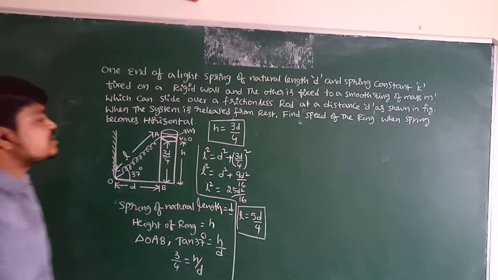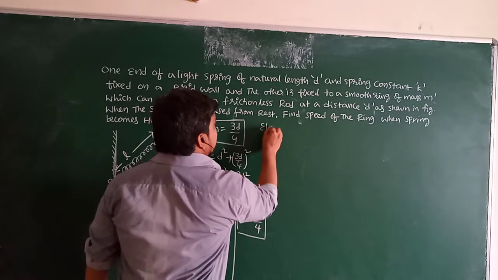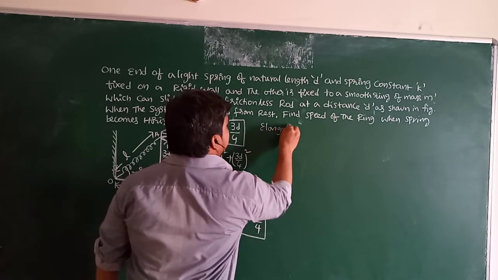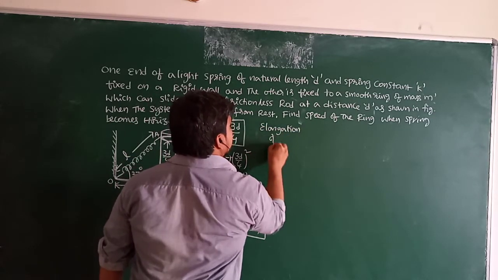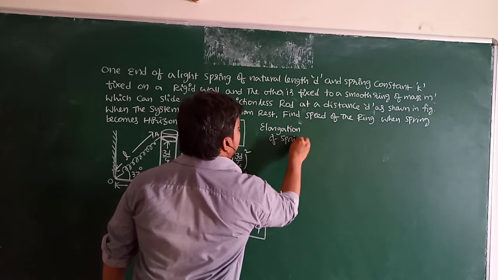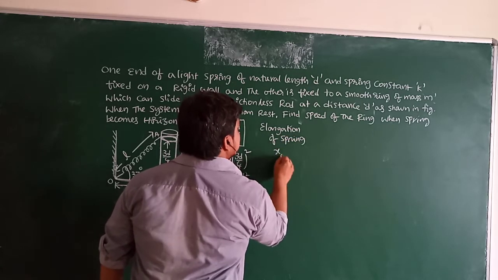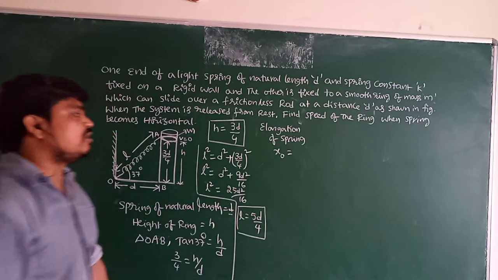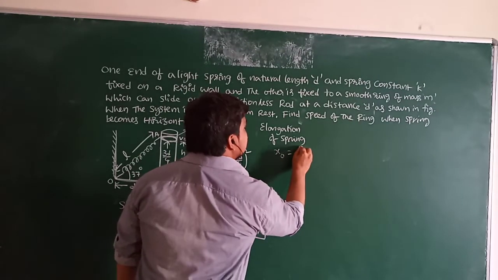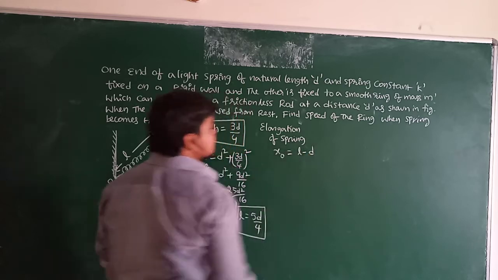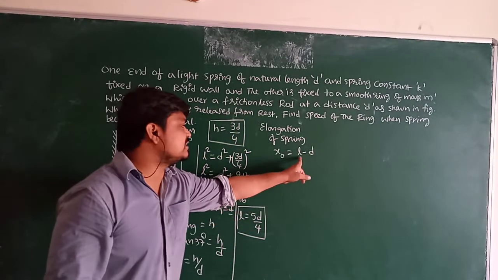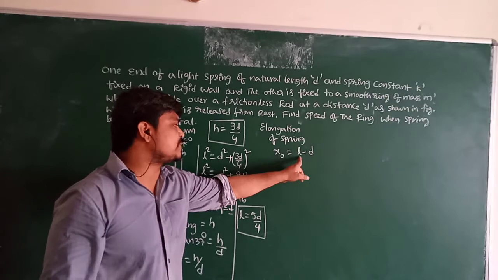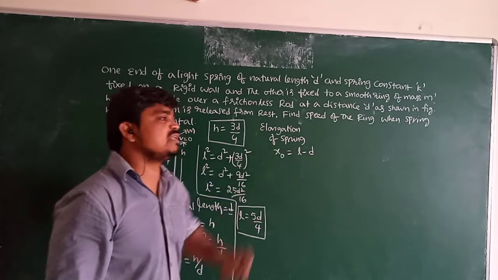So the elongation of the spring, x naught, is equal to L minus d, meaning the extension length of the spring minus the natural length of the spring.